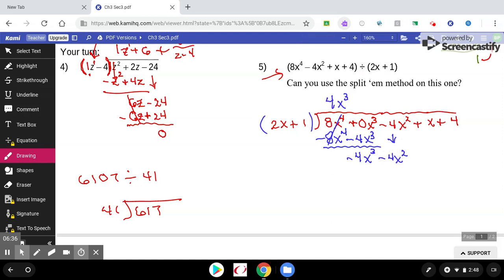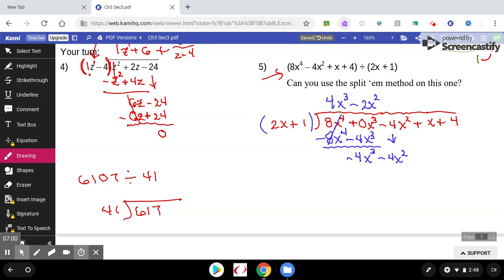And repeat the process. First digit goes into first digit how many times? How many times does 2 go into 4? Twice. How many times does 2 go into negative 4? Negative twice. Is that a word? And the exponents will go downhill. So if that was an x to the 3rd to start with, we're down to x to the 2nd.